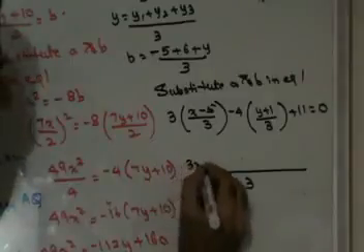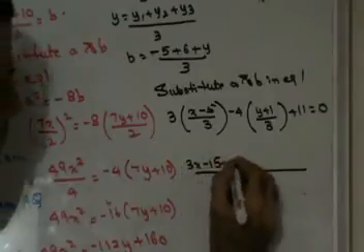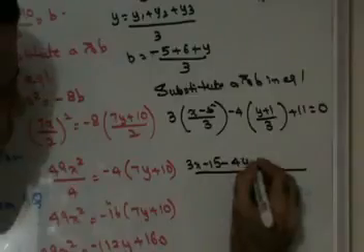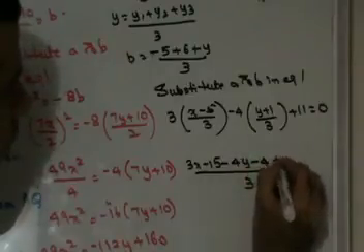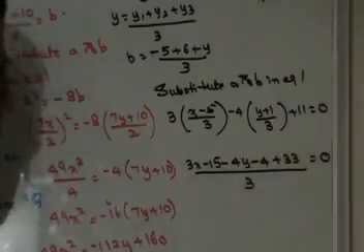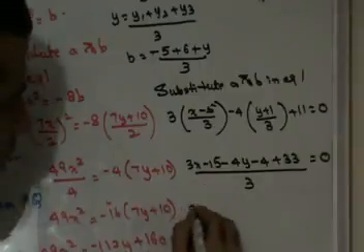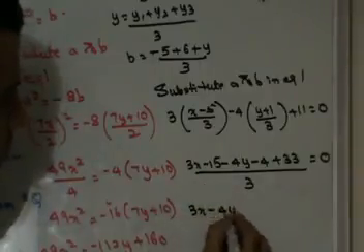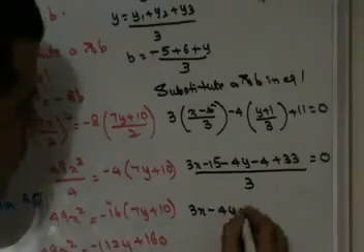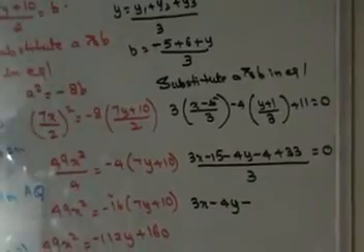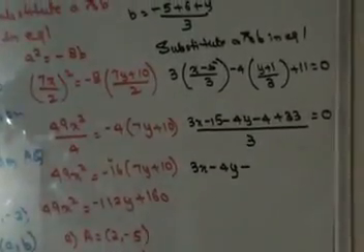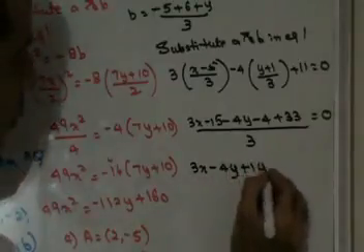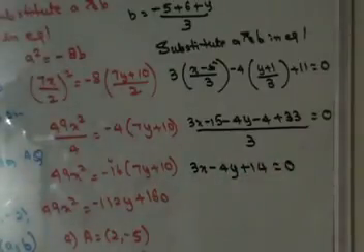Open the bracket, so you will get 3x minus 15 minus 4y minus 4 plus 33 is equal to 0. Take 3 on the other side, so you will get 3x minus 4y. This is minus 15 minus 4, minus 19, so this will be plus 14 is equal to 0. Right? So your equation of locus is going to be 3x minus 4y plus 14 is equal to 0.